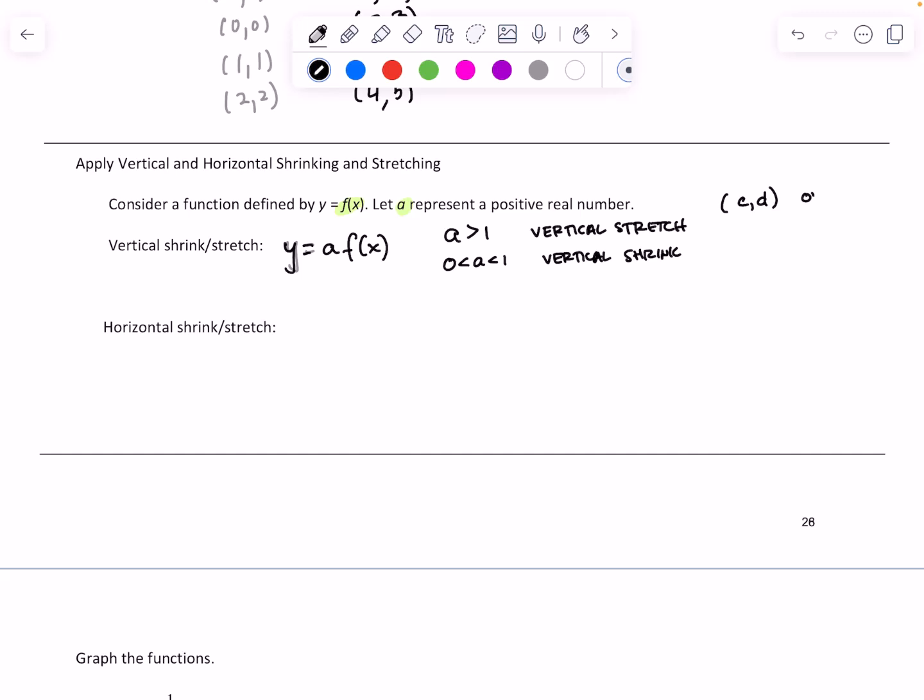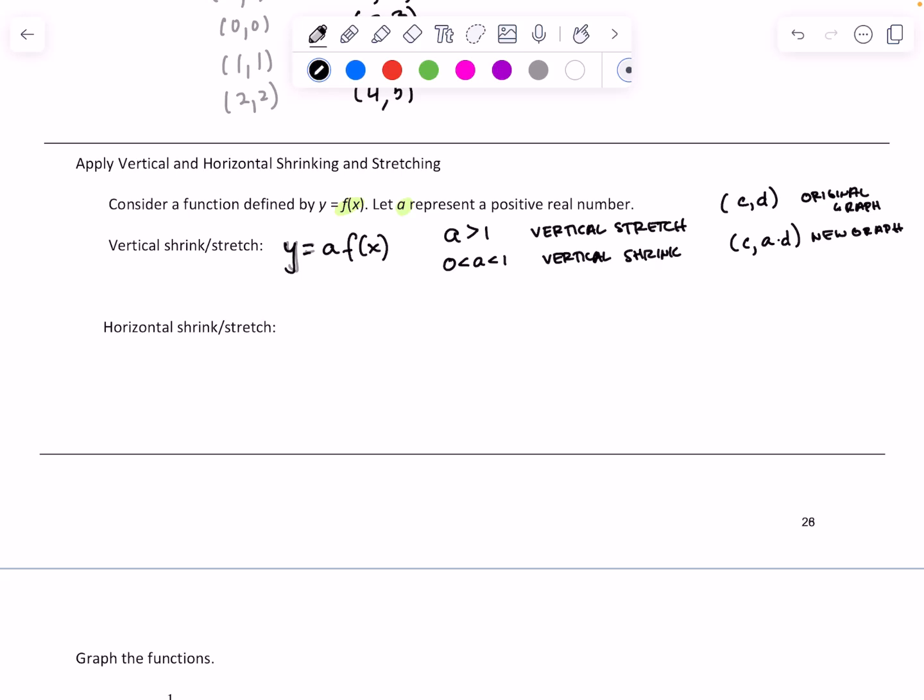If this is a point on our original graph, then when we create our new graph, the point c comma a times d is going to be on the new graph. So these vertical stretches and shrinks just multiply the y-coordinate by whatever value is in front of the function.